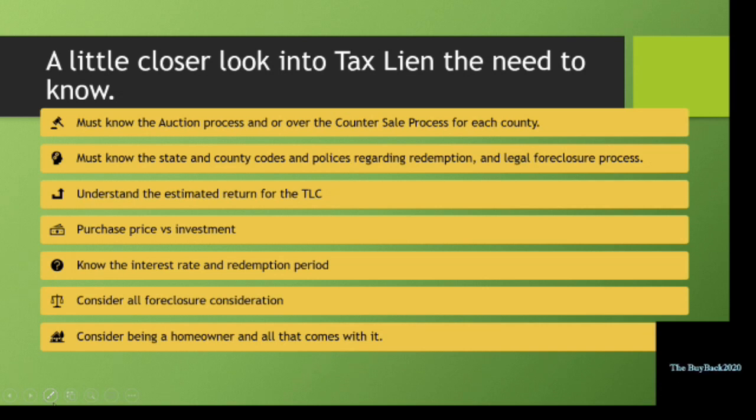Know the interest rate in the redemption period, as I mentioned to you, because every county calculates their redemption interest differently. So know if it's compound or simple interest. And this will allow you to understand your redemption amount when you receive your check.